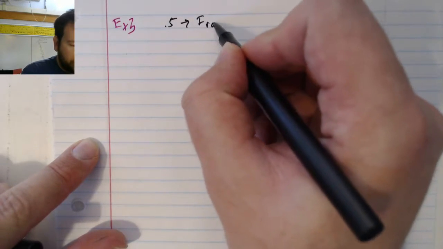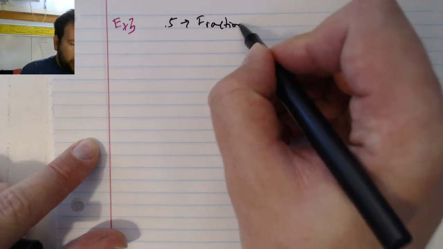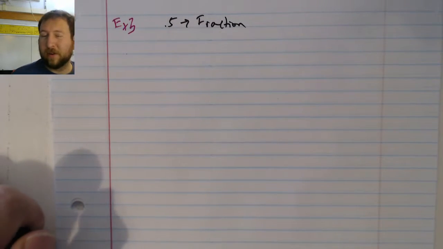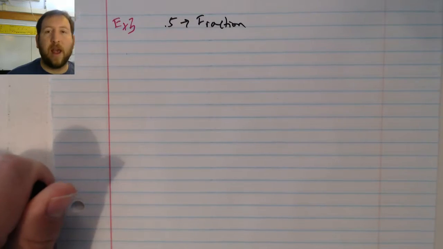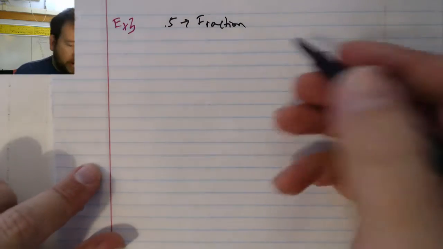Let's look at example 3. We're going to take 0.5 to a fraction. Now I used this as an example earlier, but this way we can look at how to do it using the correct steps.